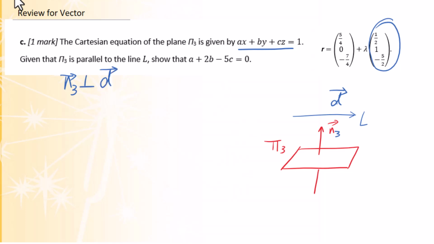It's perpendicular to vector D, which means normal vector dot vector D equals 0.